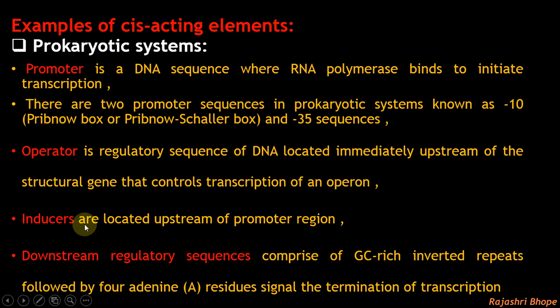Inducer is located upstream of the promoter region, and then DRS, downstream regulatory sequences. These are GC-rich sequences which have inverted repeats followed by four adenines that signal termination of transcription.